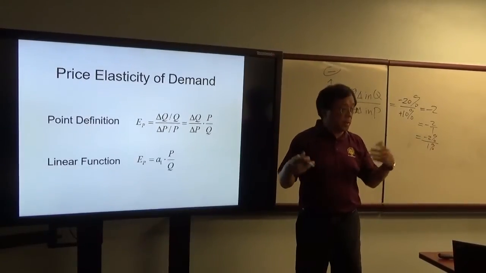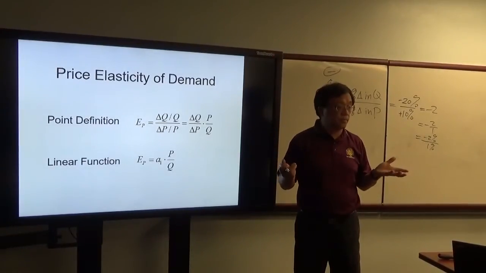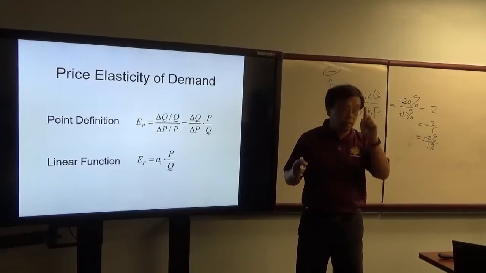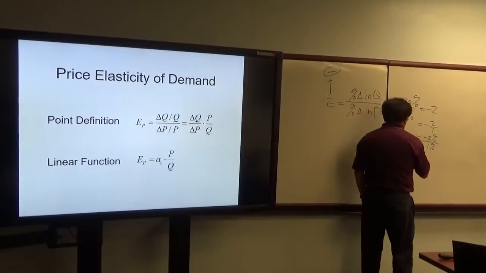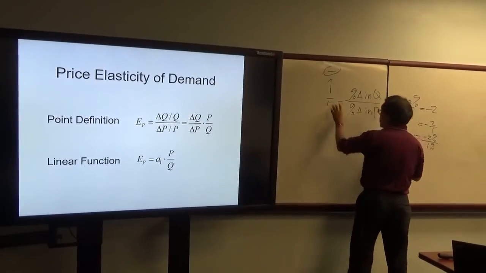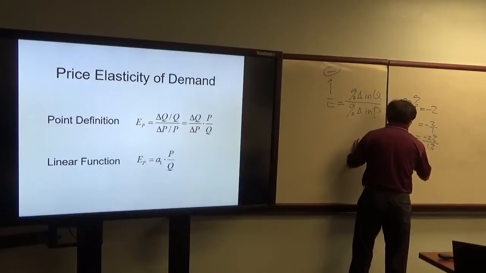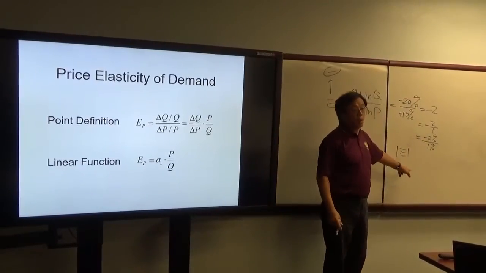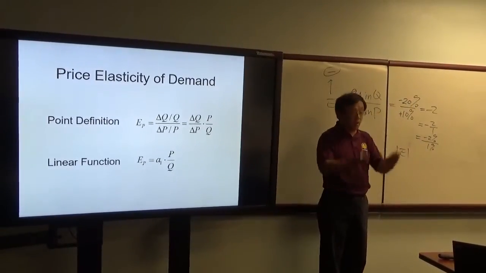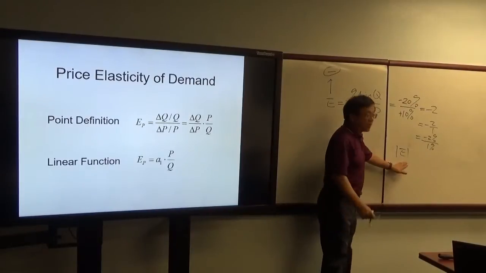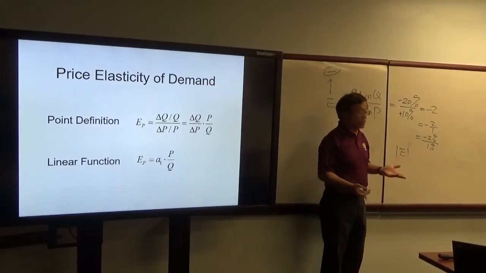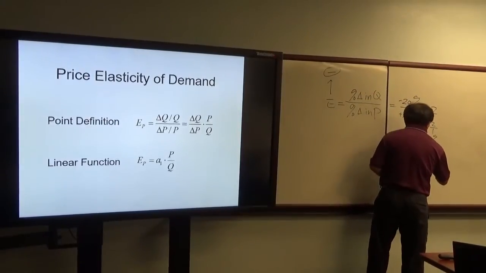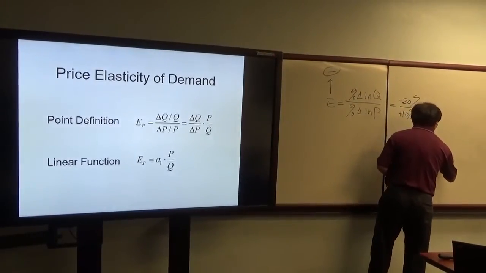So the demand is elastic or inelastic? Pretty elastic. Sensitive or not sensitive? Pretty sensitive. The cutoff is 1. I have to take the absolute value because this number is always negative. If I take the absolute value, then it comes out always a positive number, right? If this is greater than 1, elastic.